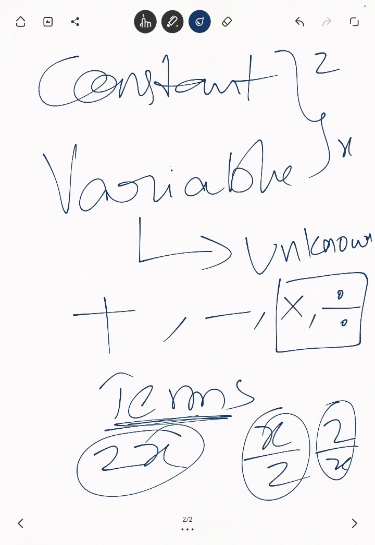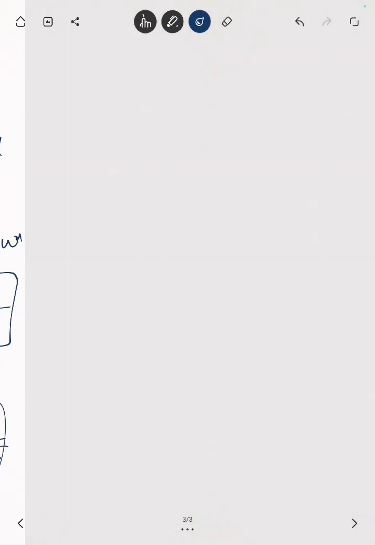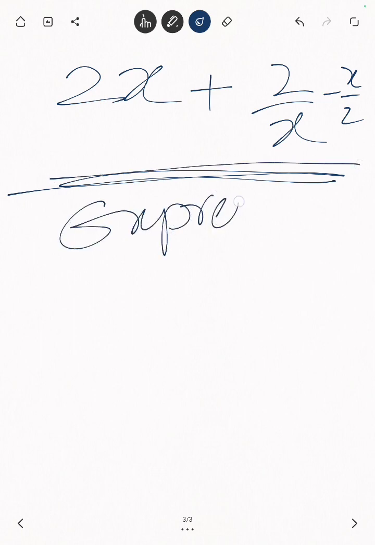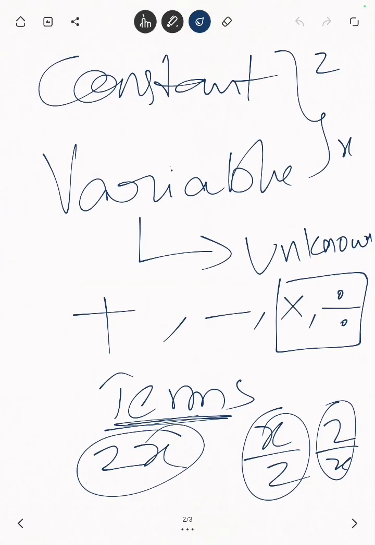Combining constants and variables with multiplication and division, we call them terms. And combining all these terms with plus or minus, we call it an expression. This is the only difference between constants, variables, terms, and expressions.